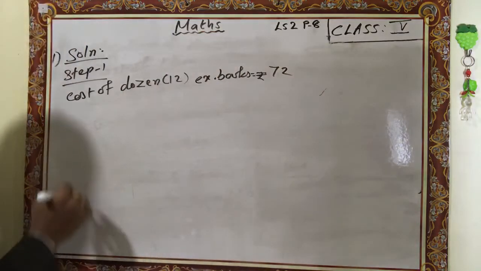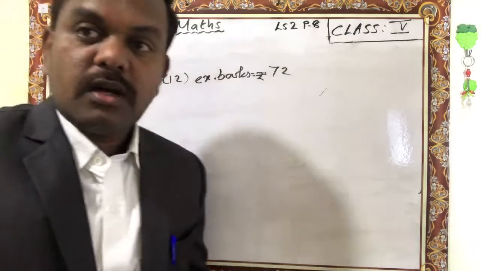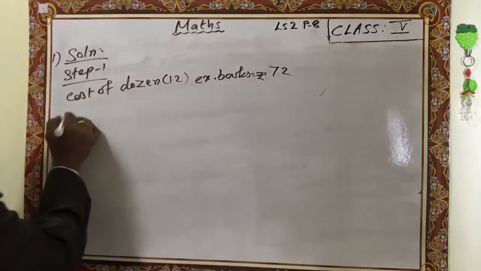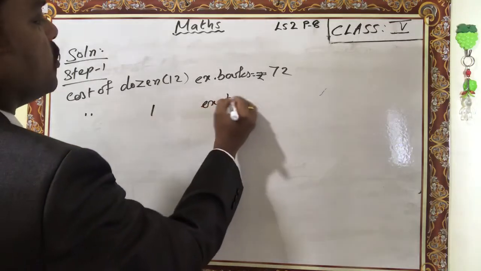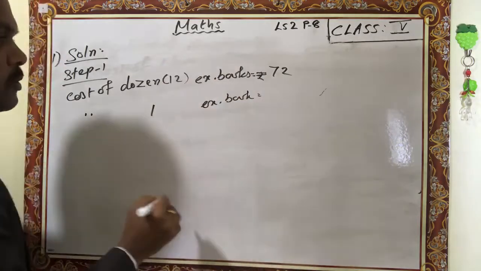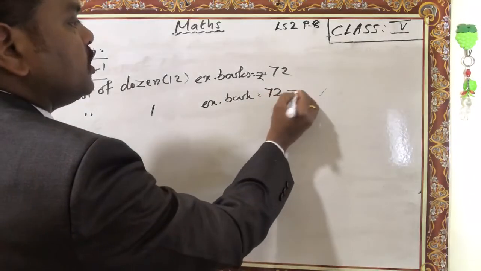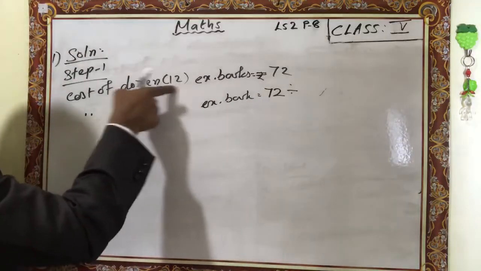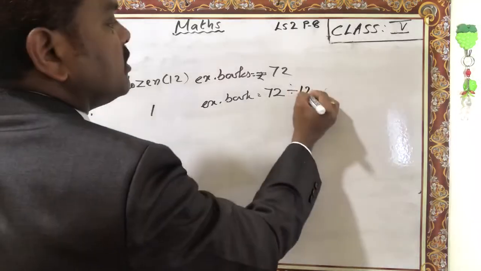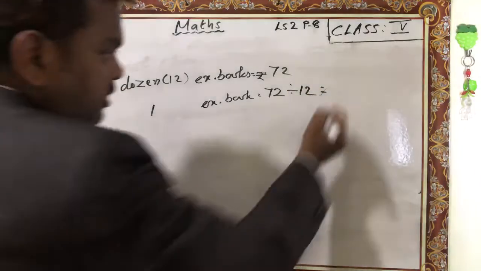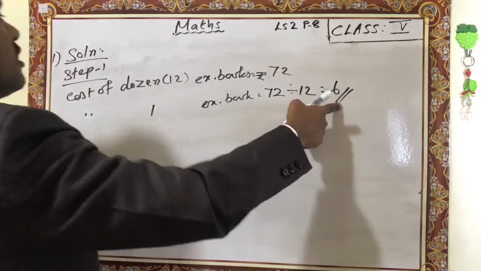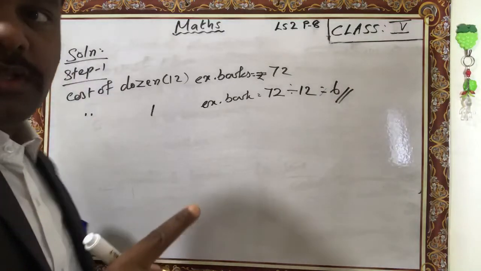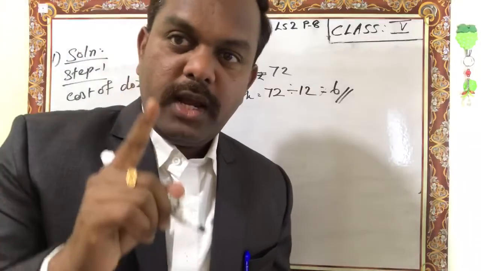First you have to find the cost of one object. So the cost of one exercise book is equal to 72 divided by 12. 72 divided by 12 is 6. So rupees 6 is the cost of one exercise book.